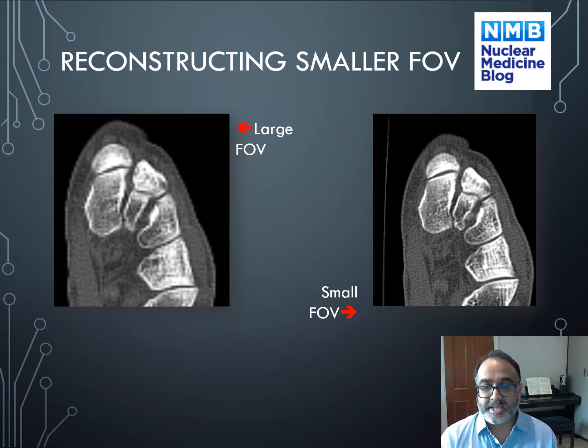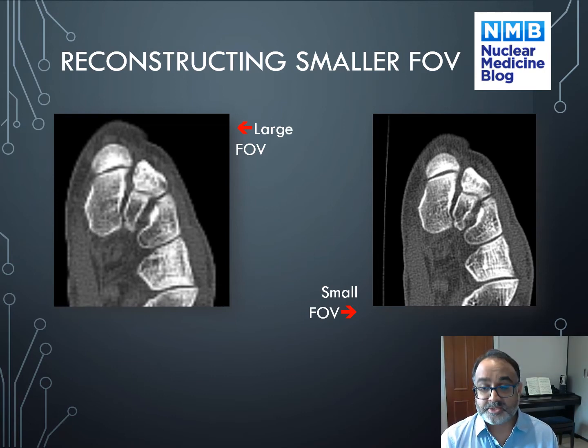Now, when we're scanning patients with SPECT-CT, we tend to use a large field of view because we need to make sure we include everything up to the skin so that we can perform accurate attenuation correction on our SPECT images. However, when we're displaying the images and we're doing fused images, we don't necessarily need to see so much of the field of view.